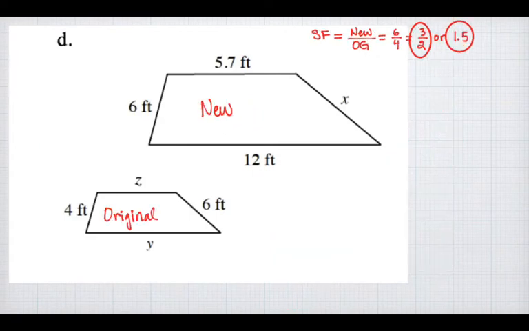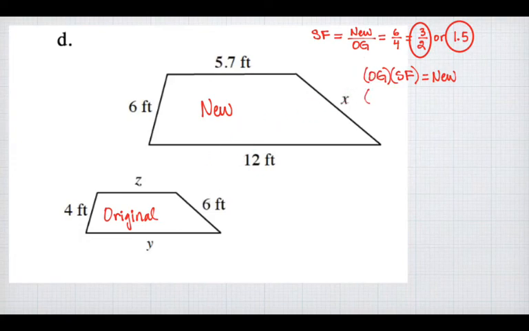Now we're going to figure out the value of x. We're going to do the same thing. We're going to follow original times scale factor equals new. And we remember that the side that corresponds with x is 6. So between these two, which one's the original now? 6. So 6 goes right here.